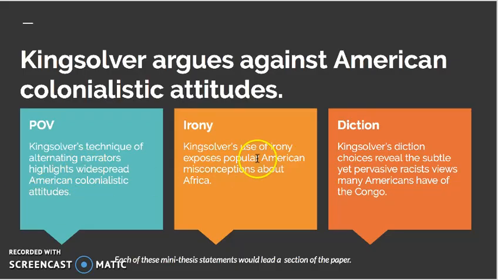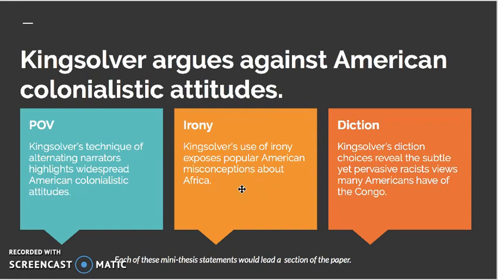And then for each one of those sections, maybe we have one section on point of view, one on irony, and one on diction. The mini thesis on point of view might be something like: Kingsolver's technique of alternating narrators highlights widespread American colonialistic attitudes. Maybe under the irony section, your mini thesis would be: Kingsolver's use of irony exposes popular American misconceptions about Africa.